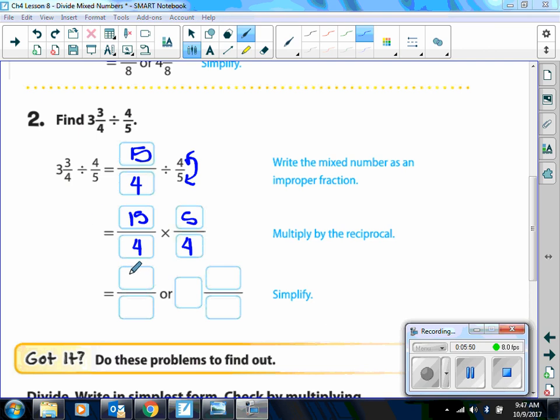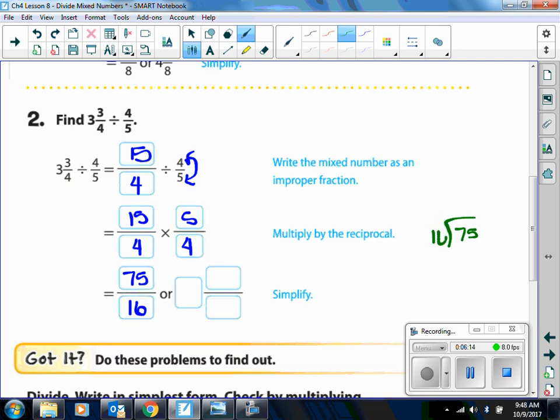So 15 times 5 is 75. And then 4 times 4 is 16. And now we're just going to change that back to a mixed number. Very good. So let's see. Let's do this over here on the side. So we have 75 divided by 16.